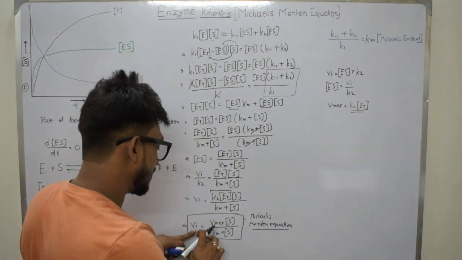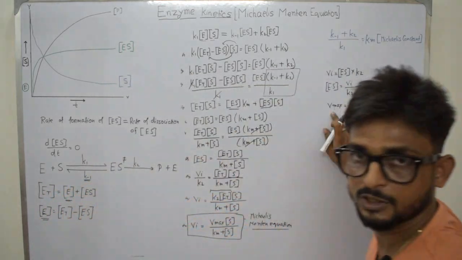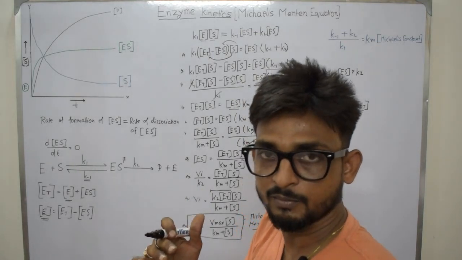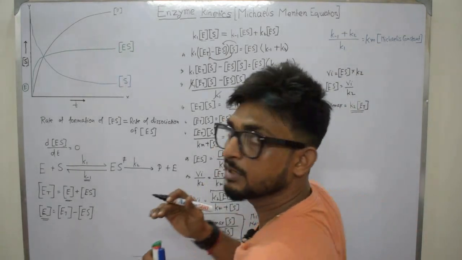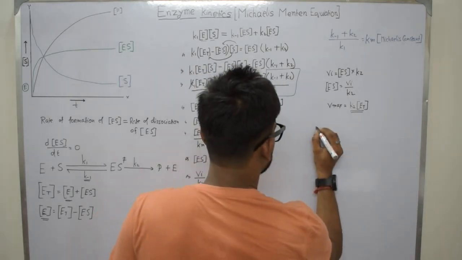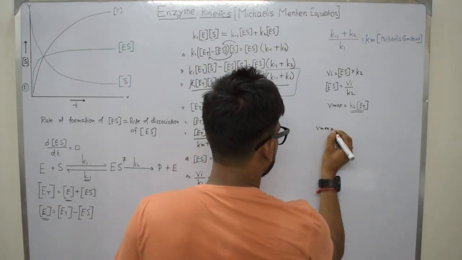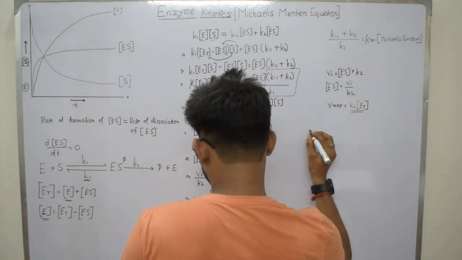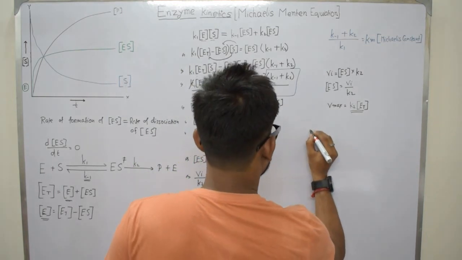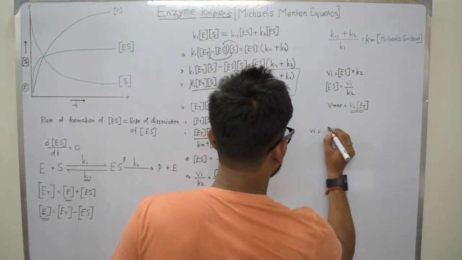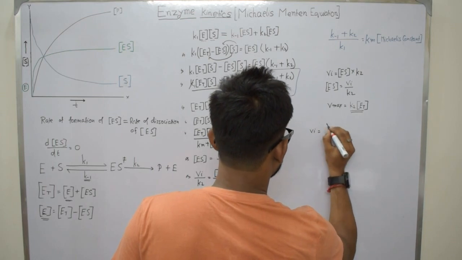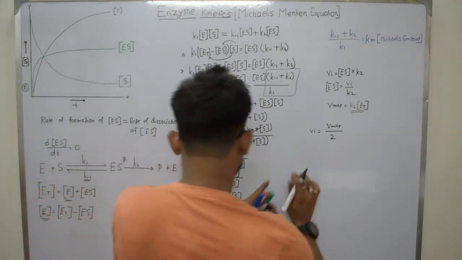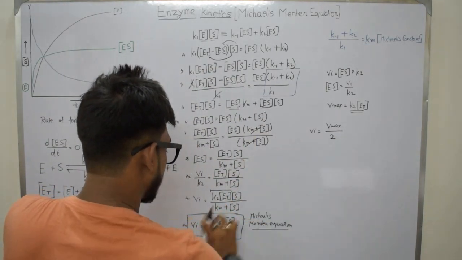So suppose this is the initial velocity and this is the maximum velocity, and if we think about the half of the velocity, okay, the reaction velocity will be the half, and what will happen, the Vi, or initial velocity, will be the Vmax divided by 2.